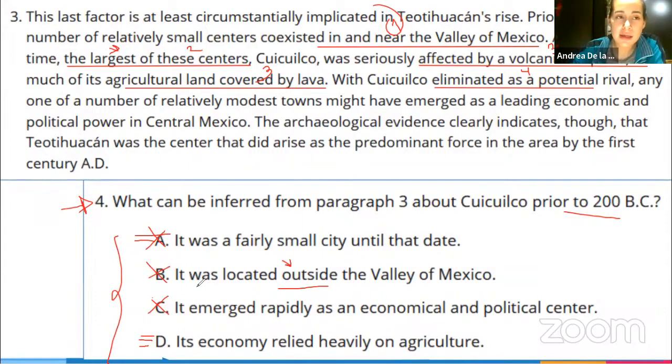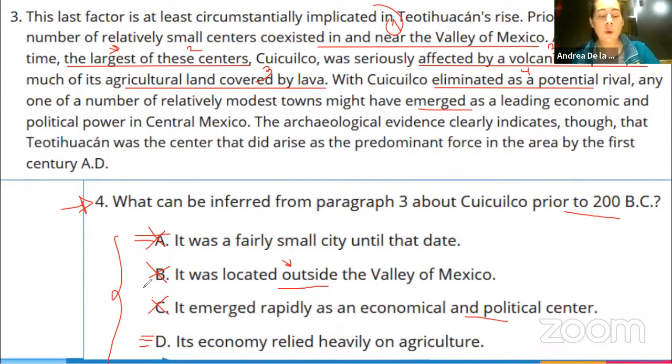They are going to have in the options things or phrases or words that were mentioned in the paragraph so that you get confused. So if you read the entire paragraph, you probably remember something that said emerge as a leading economic and political power. So this is going to remind you of what you read, and some part of you is going to want to choose option C because it reminds you of something that you read.